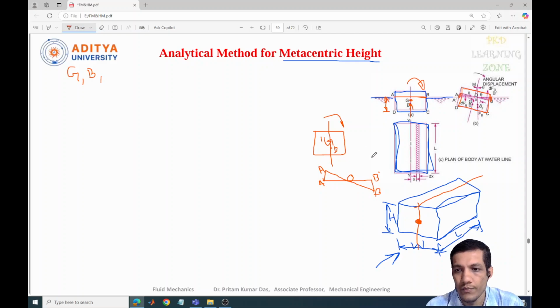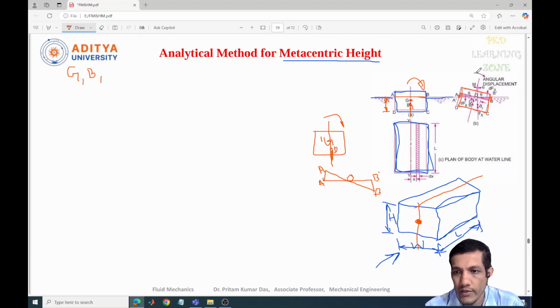Now if I rotate this, the force of buoyancy which was acting initially at the B point is going to displace to the right side, depending on which side it is rotating. If it is rotating to the left side, then the B point will be moved to this side.